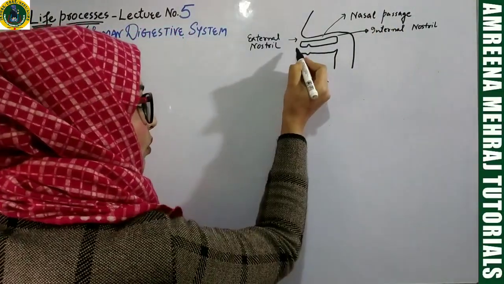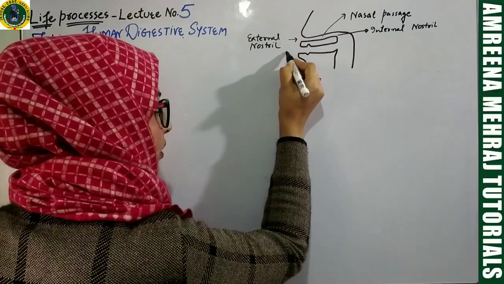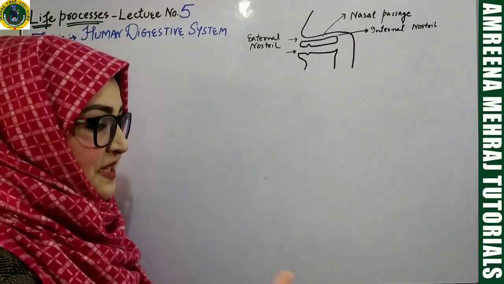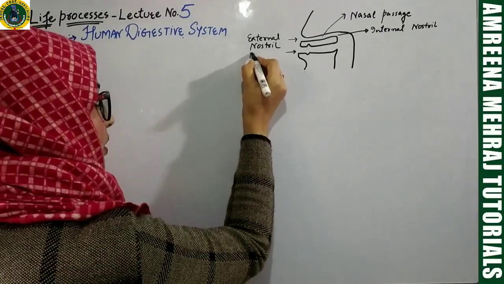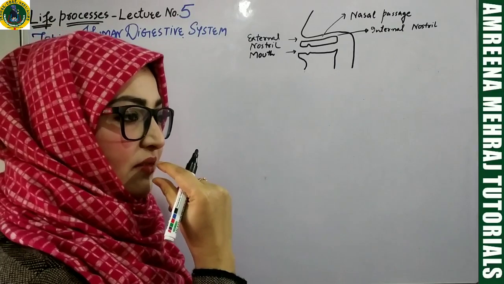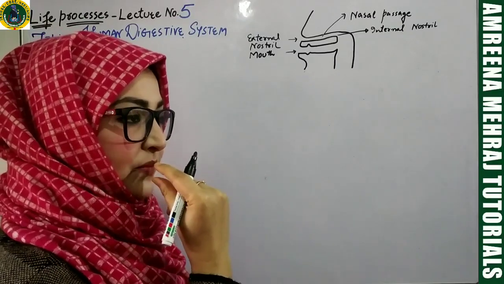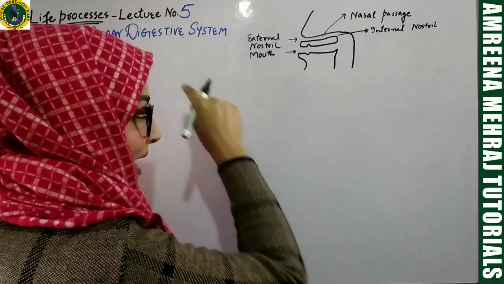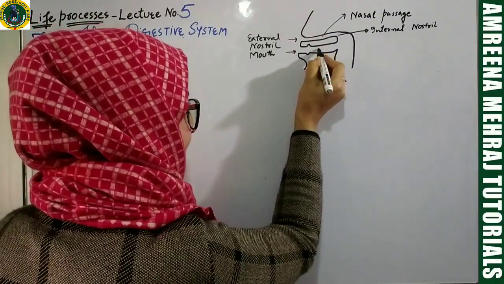Okay. Now, what is this opening? What can we call this opening now? This is the opening which is made up of the two lips. That is what is called the mouth. The opening which is guarded by two lips, the slit, this aperture is basically your mouth. And then the mouth leads inside into a cavity.